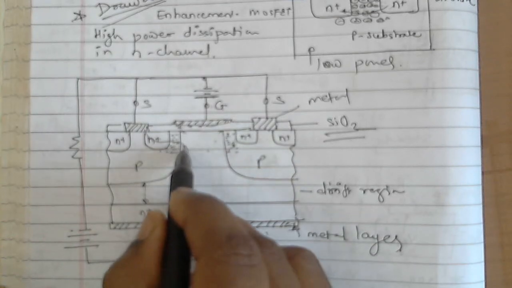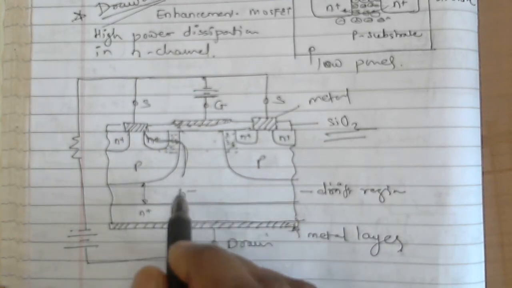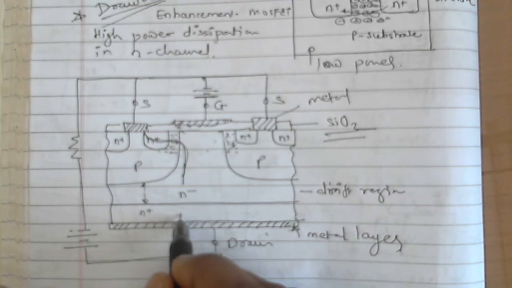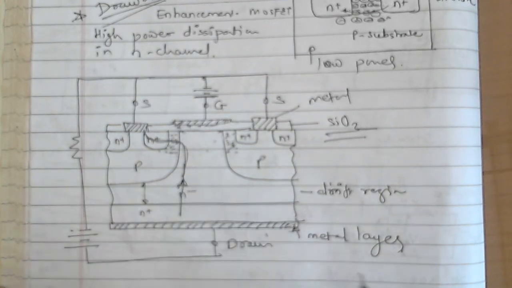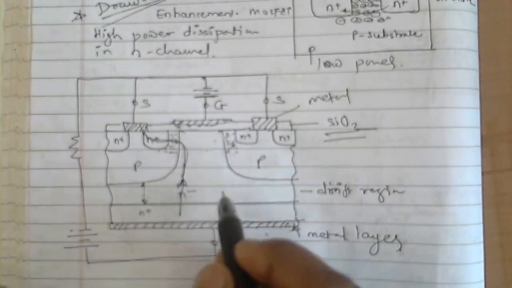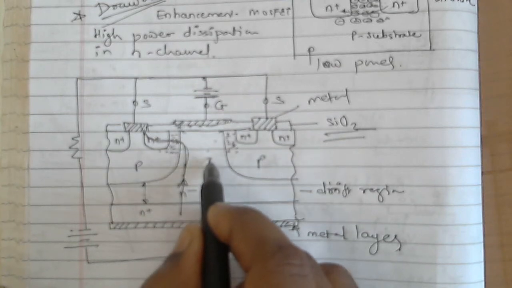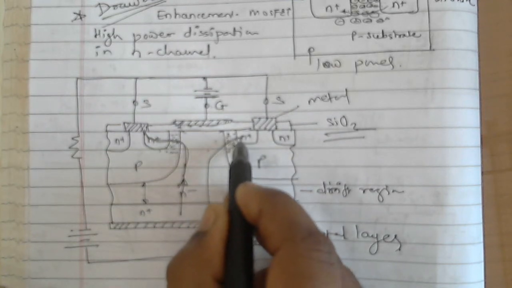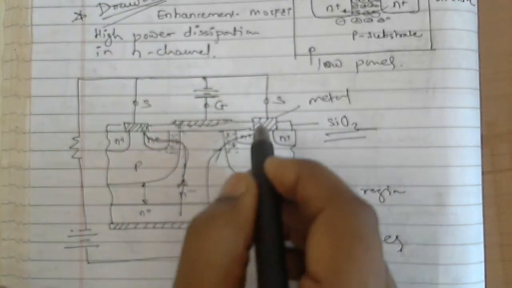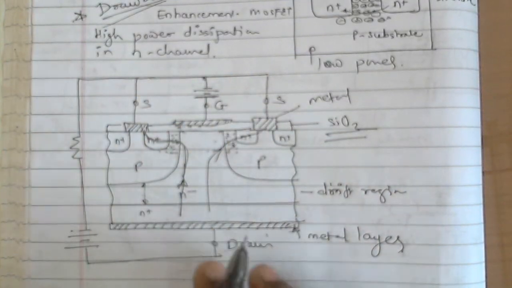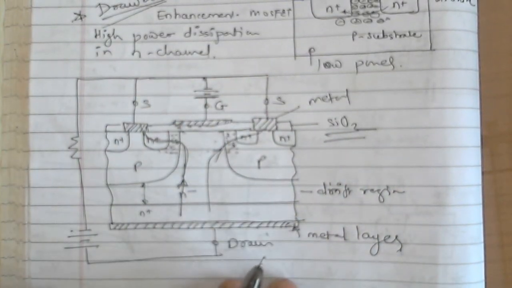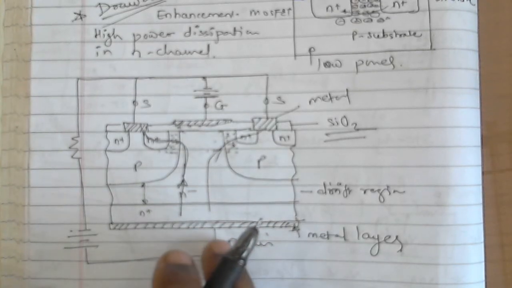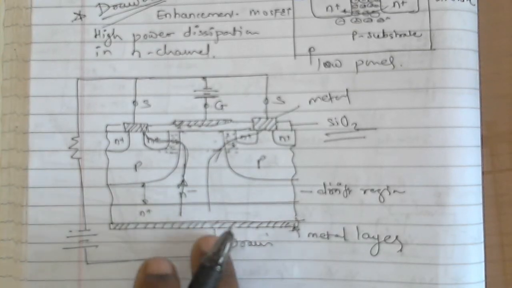Here it flows like this. At the same time it takes electrons from n plus, and similarly from here also. And this is how it starts conducting. So this is the basic working of your four layer MOSFET.